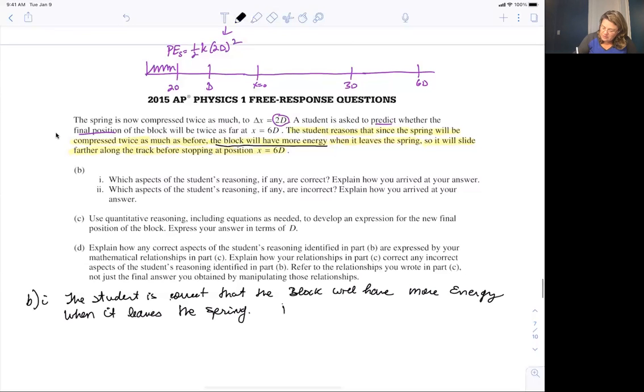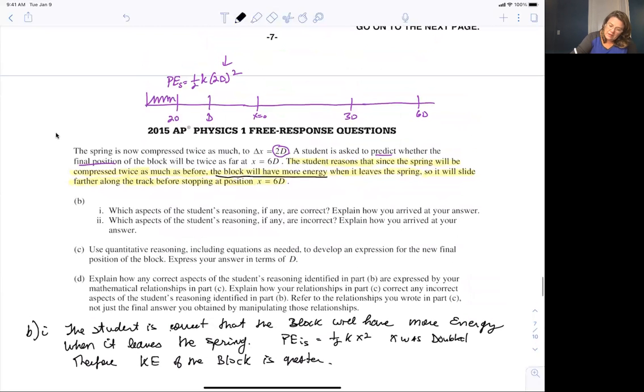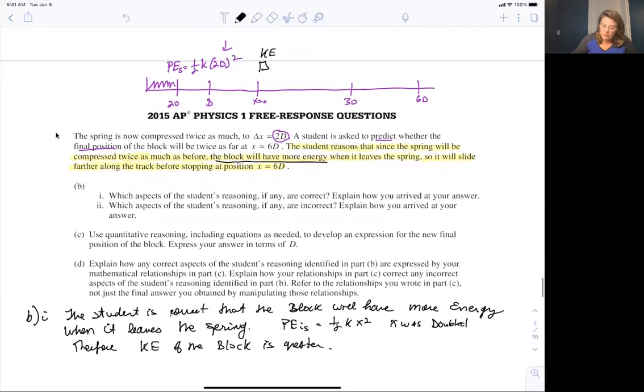And that is because potential energy initial of the spring is equal to 1/2 kx squared. X was doubled. Therefore, kinetic energy of the block is greater, because at x equals 0, the block will have all the kinetic energy that the spring originally had.